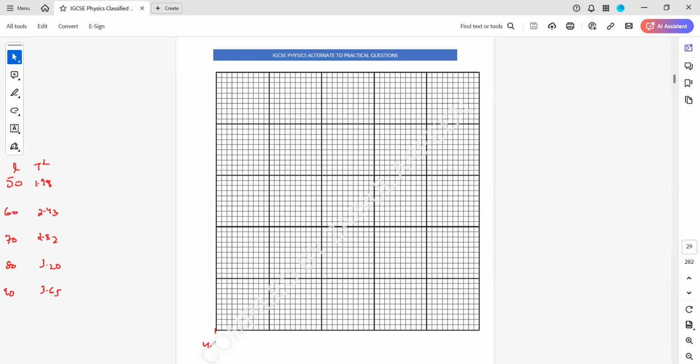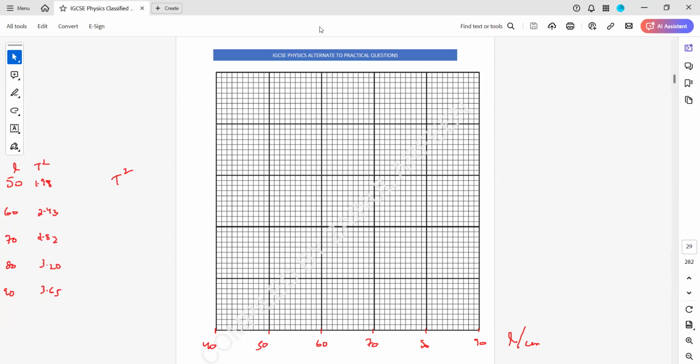So if I take this as 40, this will be 50, 60, 70, 80, 90. And label the axis. This is the length and the unit of the length is centimeter, so we write cm.